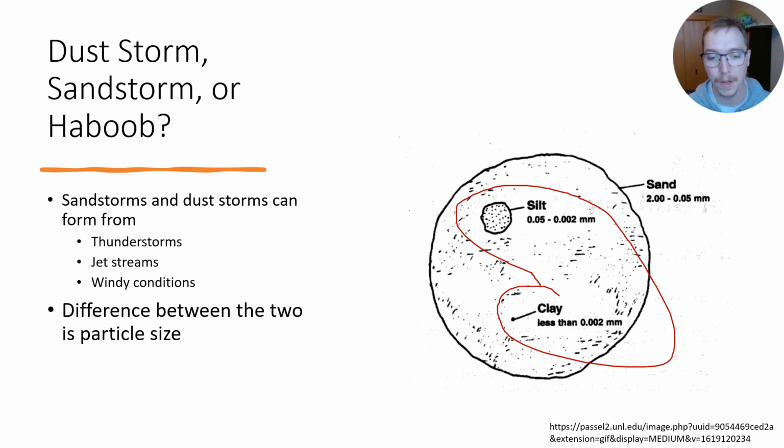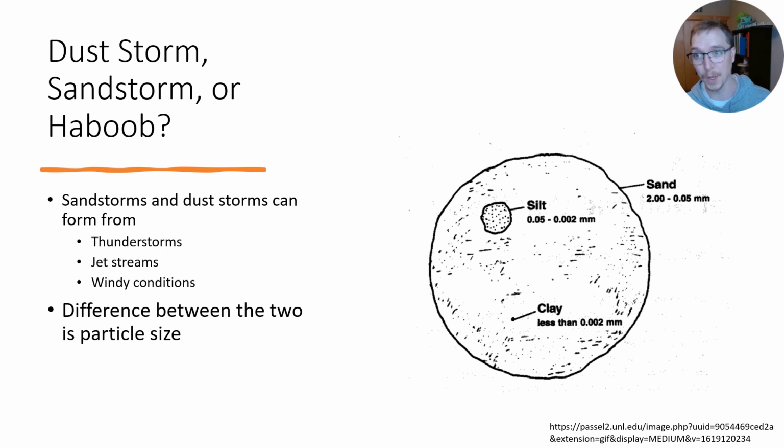So you can see there's a distinct particle difference between what would be considered material in a sandstorm and material in a dust storm. It's usually on the realm of 70% sand, 10% clay and 20% silt or something like that for a sandstorm, and kind of the flip-flop for a dust storm, with primarily clay being entrained with a smaller portion of silt and a much smaller portion of sand.